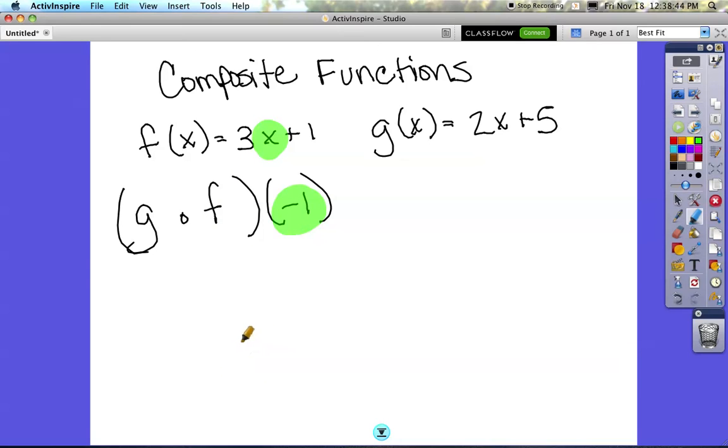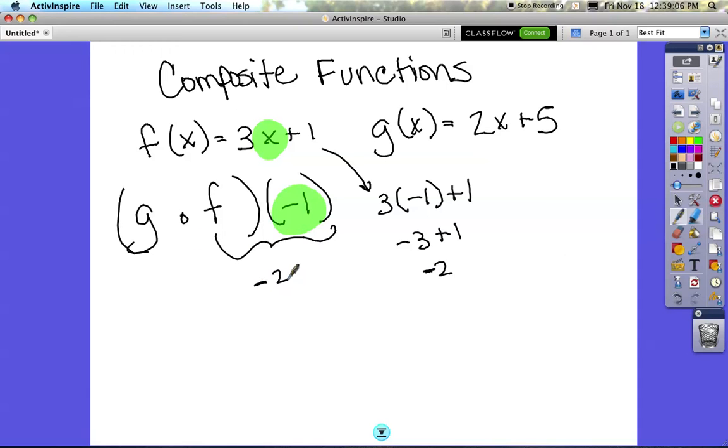F. Right there. So you're going to have to write some things out. 3 times -1 plus 1. Is that not the f equation right there? What's 3 times -1? Plus 1? -2. So f of -1 is -2.